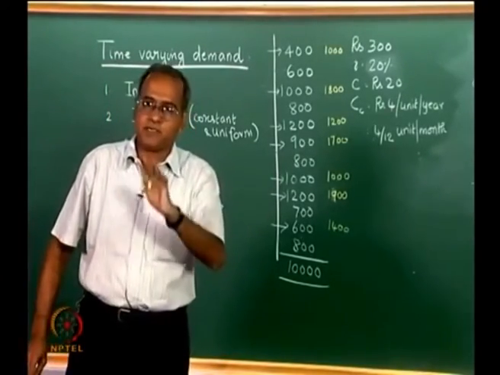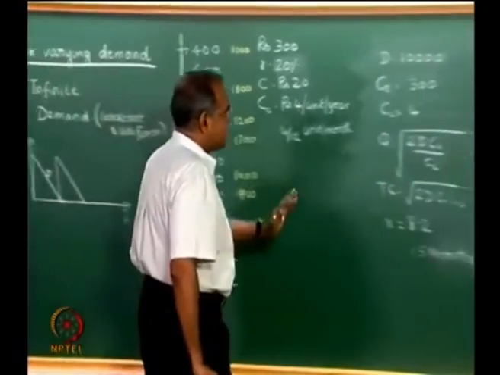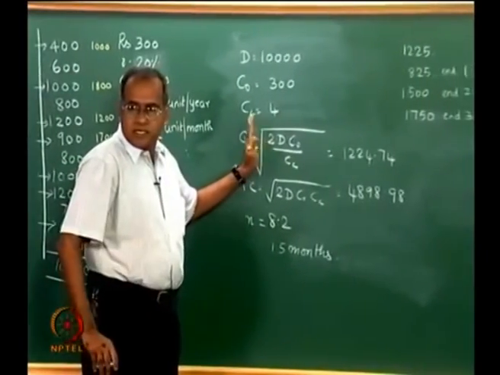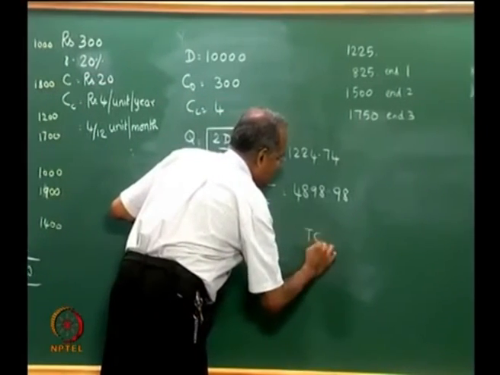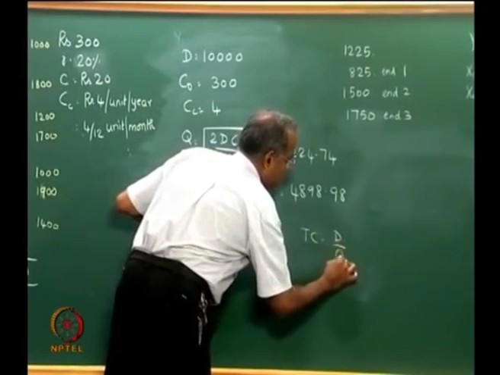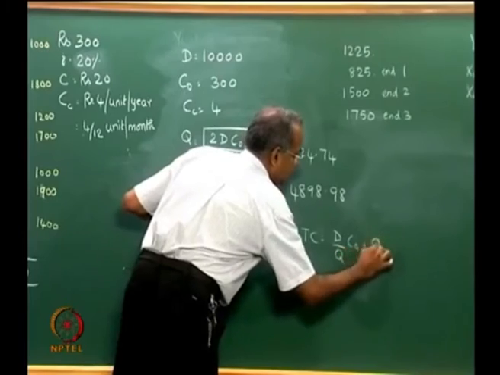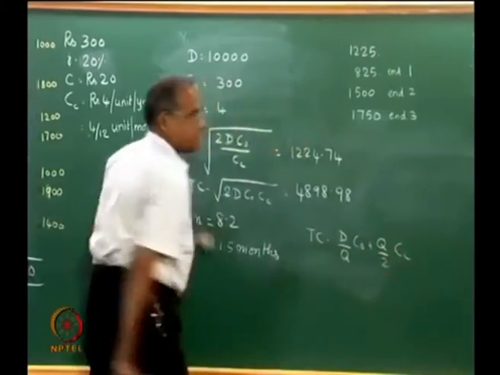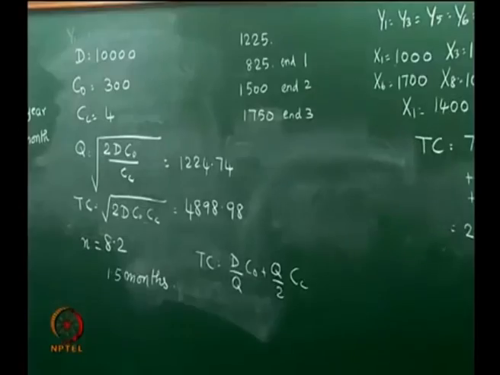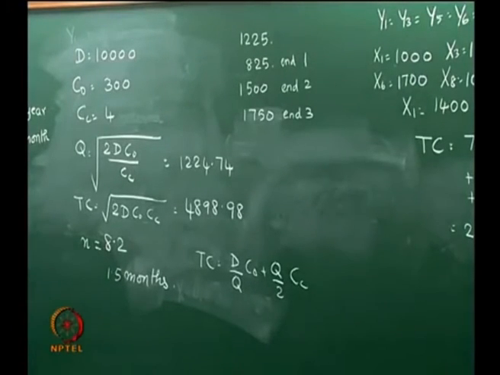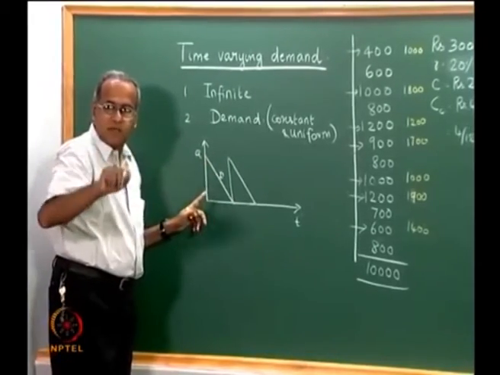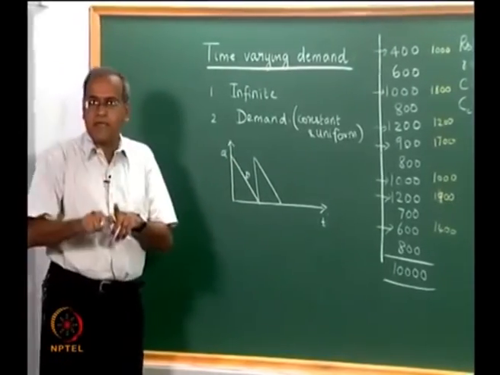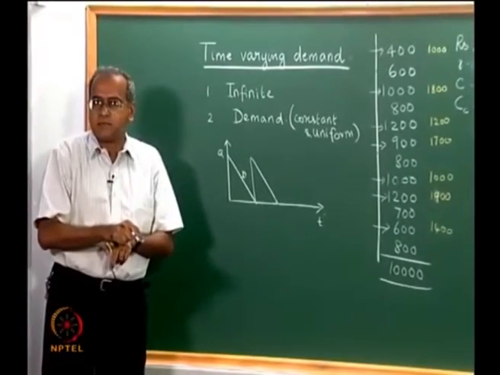Essentially the difference happens because this calculation was based on a total cost TC equal to D by Q C naught plus Q by 2 Cc. Now the average inventory there was taken as Q by 2, which was based on the assumption that the demand is D in every instance.